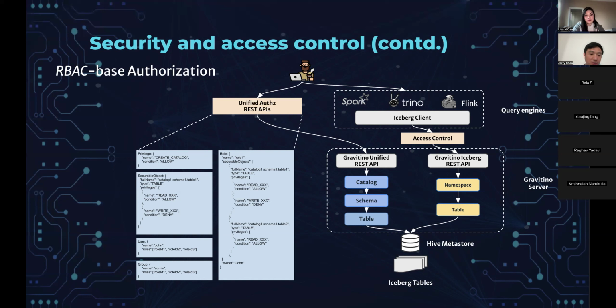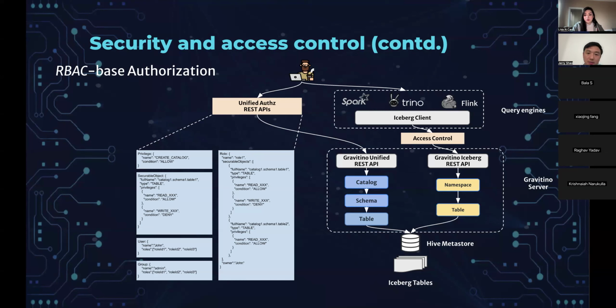Users can use our unified authorization APIs to create users, groups, and also create roles with privileges and secure objects. And with these roles, roles can be bound to the users and the groups.